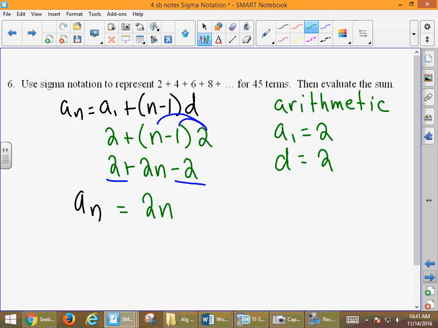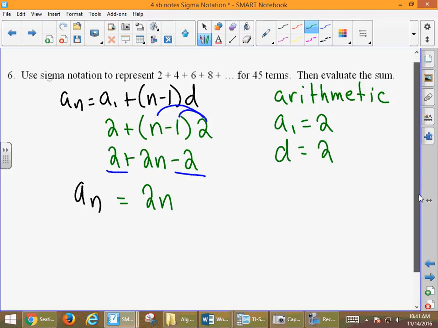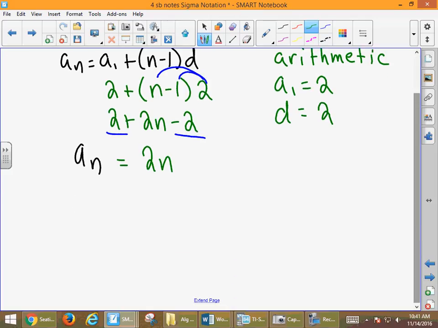So once we have that part, we want to write our summation symbol. And our function value is going to be 2n beside that sigma symbol. We're starting with the first value.